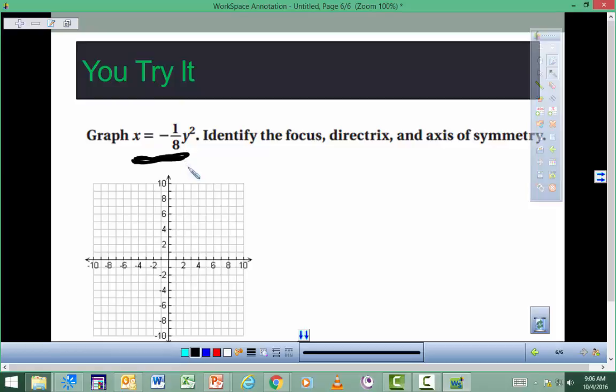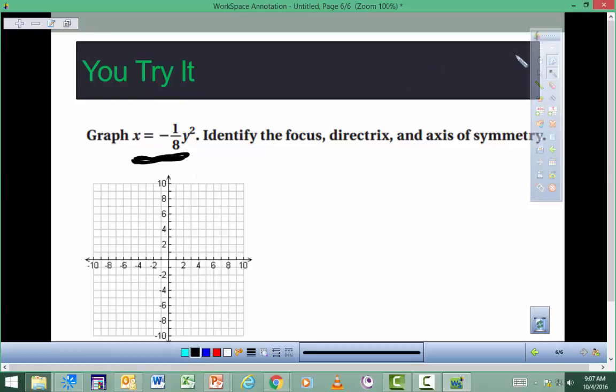You guys have this? Down. You sure? Look on your cheat sheet. You have the parabolas opening down, up, left, or right. Well, the negative will make it go either down or left. But is this a left-right or an up-down type parabola? You sure?